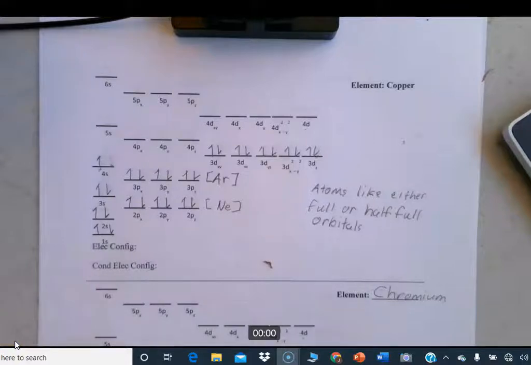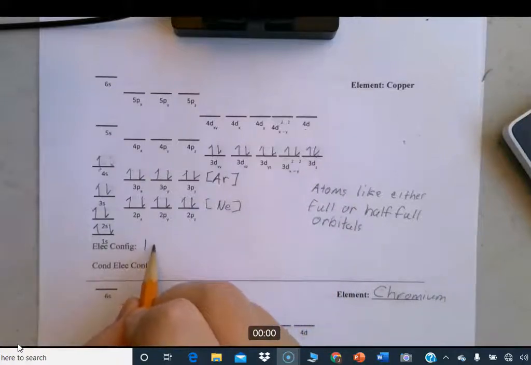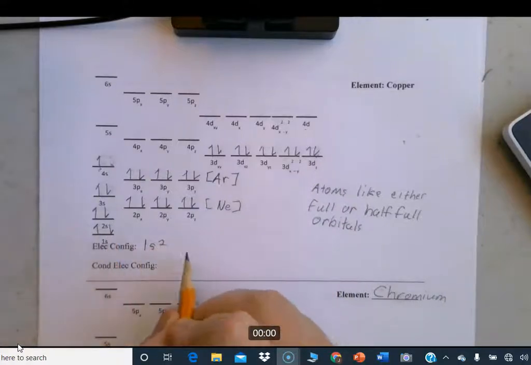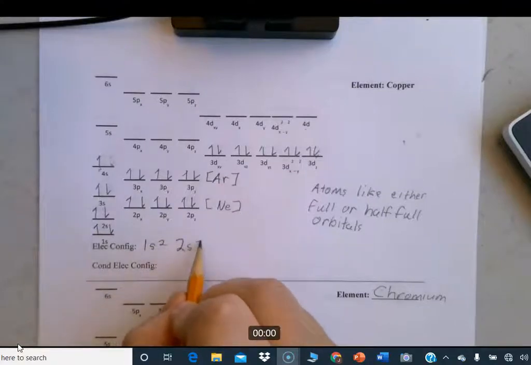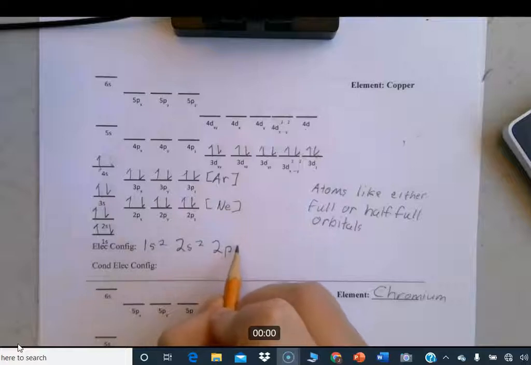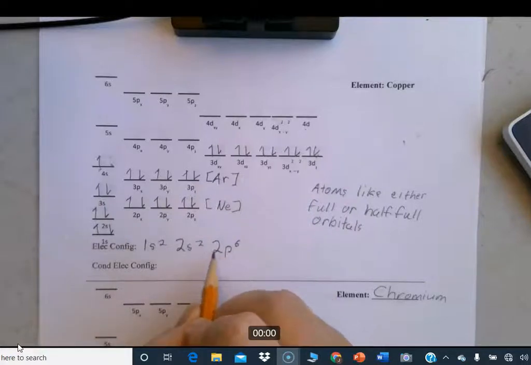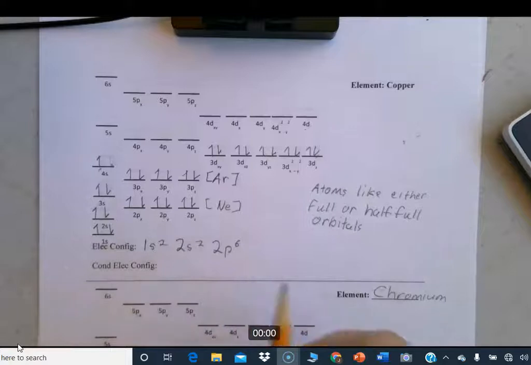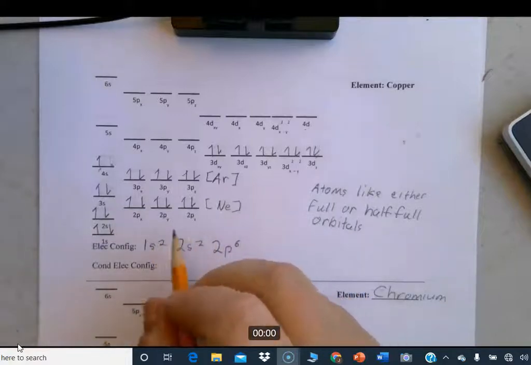Okay, let's write the electron configuration for this now. It's 1s2. Then you go to 2s, it's 2s2. Then you go up to the 2p, it's 2p6. And we're not going to block that off yet for noble gas, because there's a higher noble gas we're going to get to.